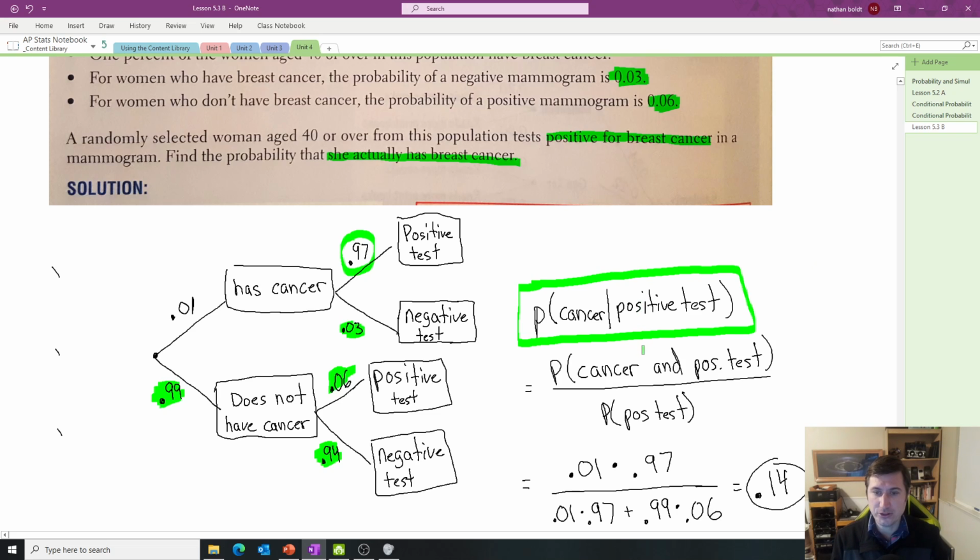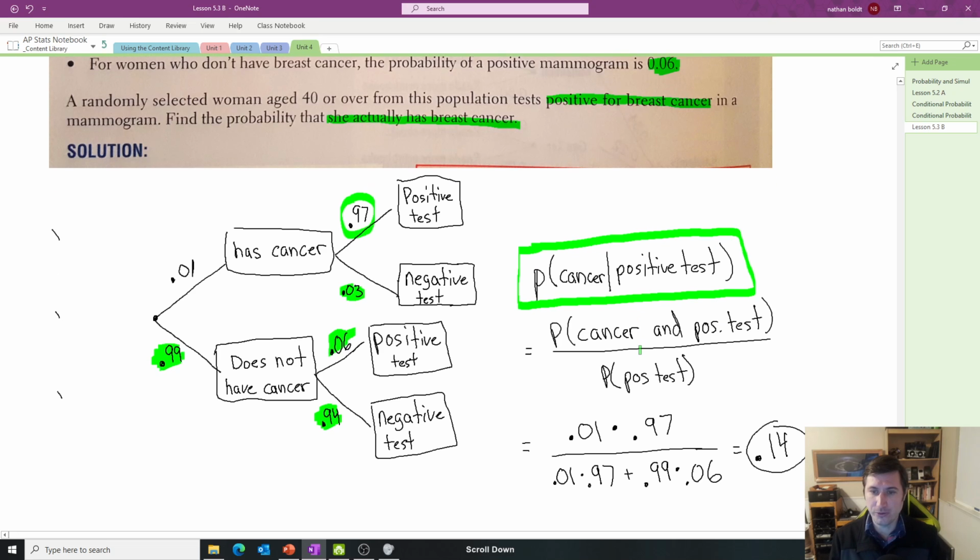Well, first I use the rule for a conditional probability. That's right here. That's just our general rule. And then I had to plug in the numbers. So the probability that you have cancer and a positive test, that's this path right here.